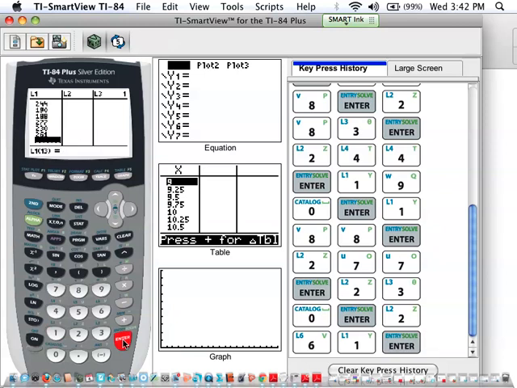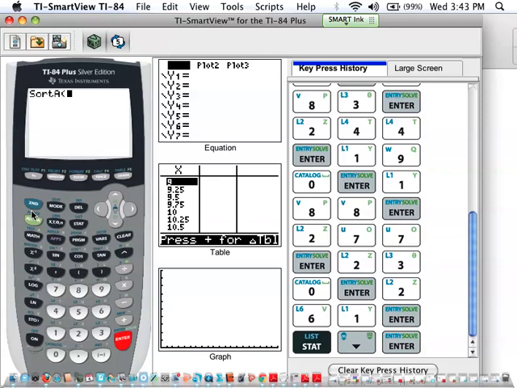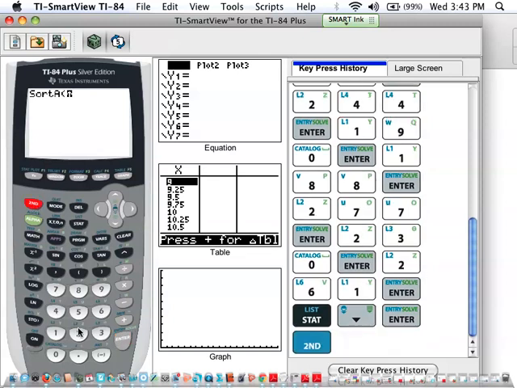Okay, so once you have entered all of the information into your calculator, you can go to List. Remember, if you want to, you can sort your list in ascending order by arrowing down to number 2. You hit Enter, tell the calculator where to find the data, which is in List 1, L1.